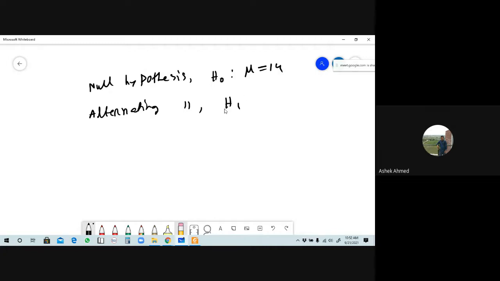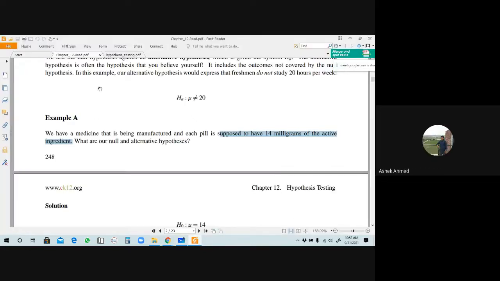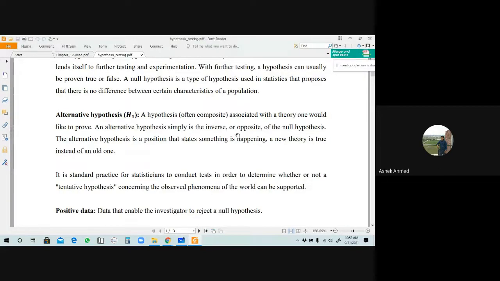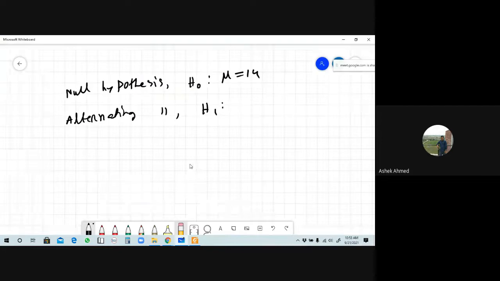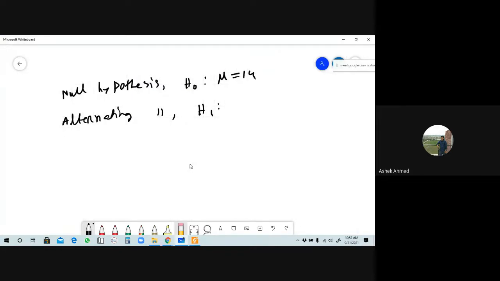So the alternative hypothesis will be the opposite of the null hypothesis, that does not satisfy the null hypothesis. So the alternative hypothesis will be mu not equals 14. If mu equals 14 is the null hypothesis, the alternative hypothesis is mu not equals 14.